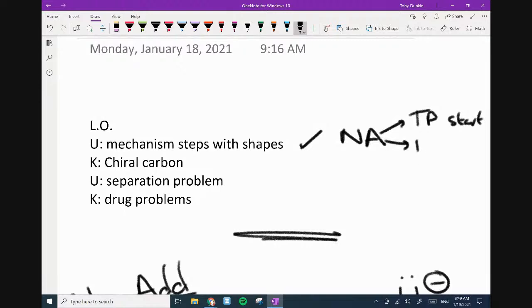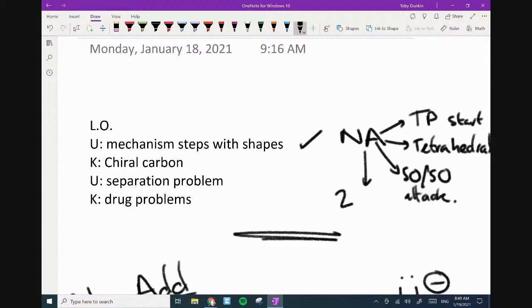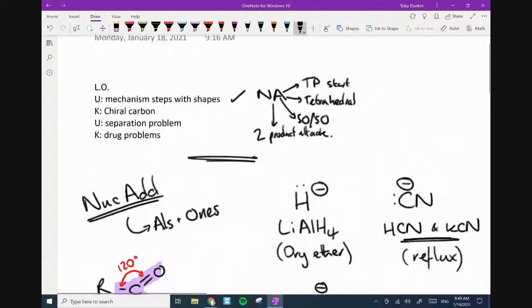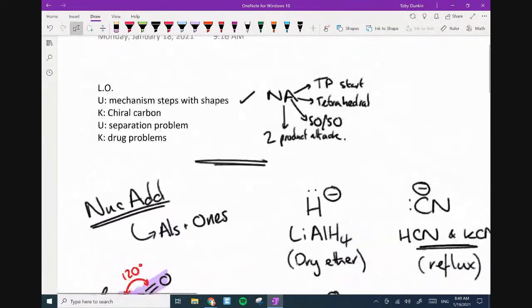It then forms tetrahedral, which means 50-50 above or below attack, resulting in two products which are non-superimposable, and these are now what are called optical isomers.